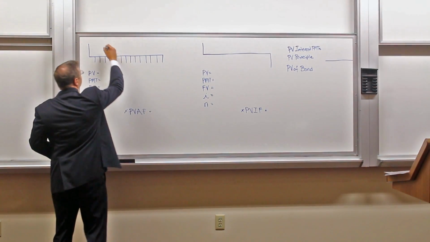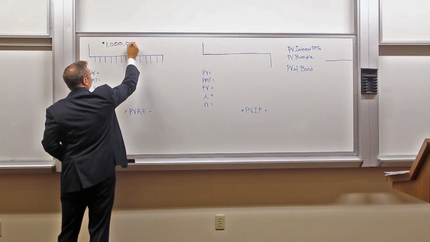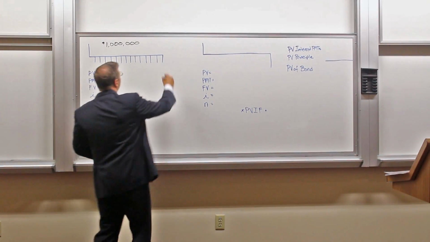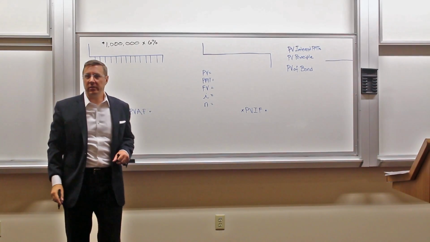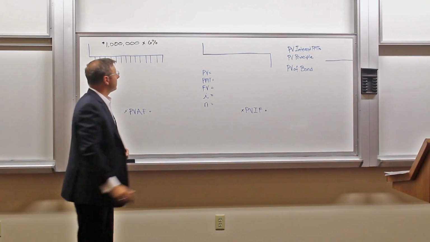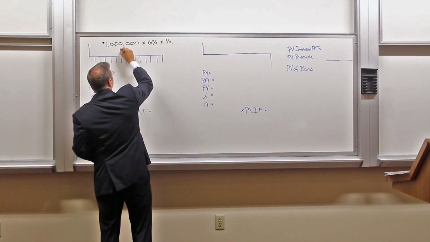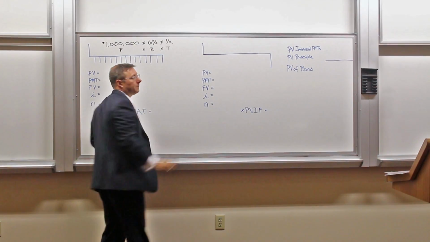The way that we need to figure that out is we take the principal of the bond that is to be paid times the rate, this happens to be the coupon rate, which is 6%, times time, and it's for 1/2 of the year. So we have principal times rate times time.